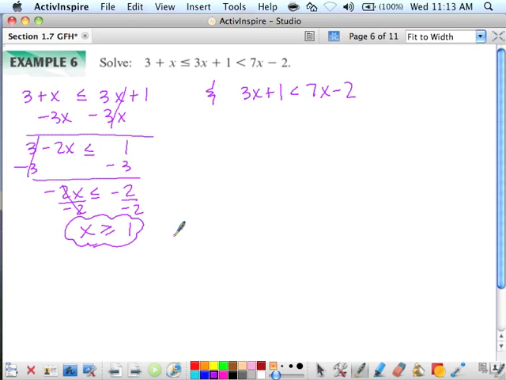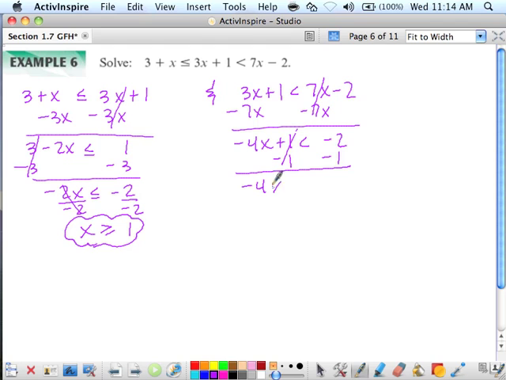Now let's look at the other part. If I subtract 7x from both sides, that gives me negative 4x plus 1 is less than negative 2. Then we subtract 1 from both sides. And we have negative 4x is less than negative 3.